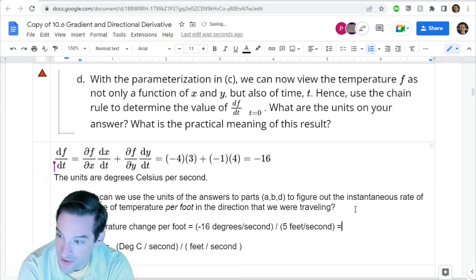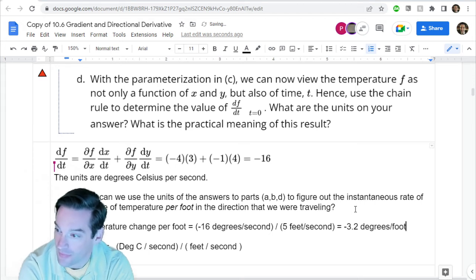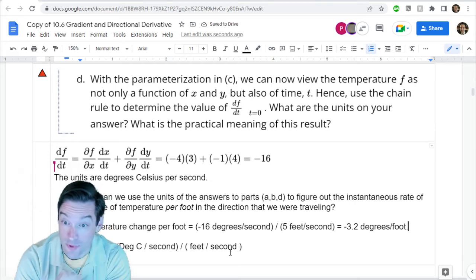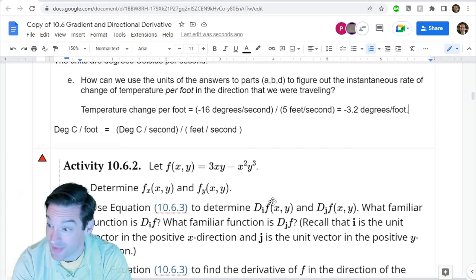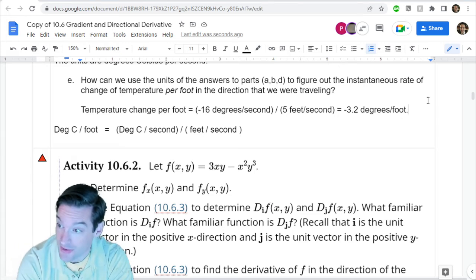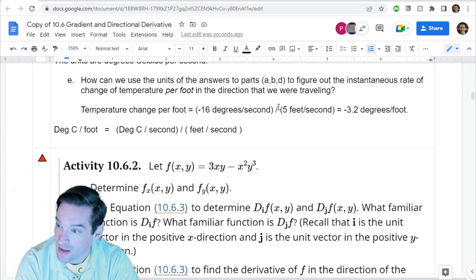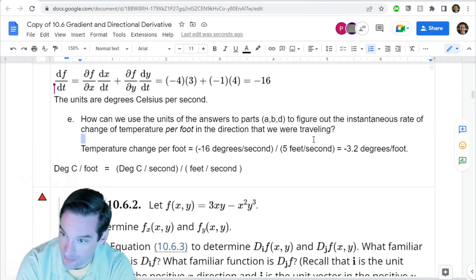When we do that division, negative 3.2 degrees per foot is how we recover the space rate of change of the temperature per unit distance, not per unit time.